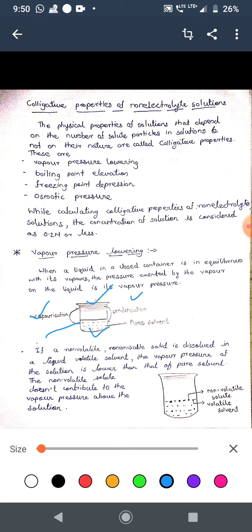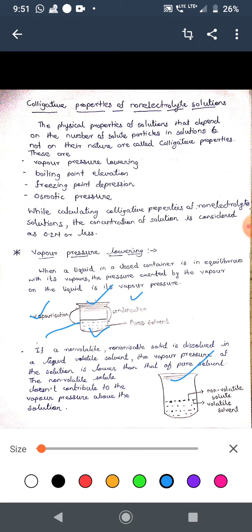You can check in the next figure here, the dashes are the solvent molecules and the rounded particles are the particles of the non-volatile solute. Non-volatile substance means what? A substance which will not evaporate at room temperature, so it will remain as it is.